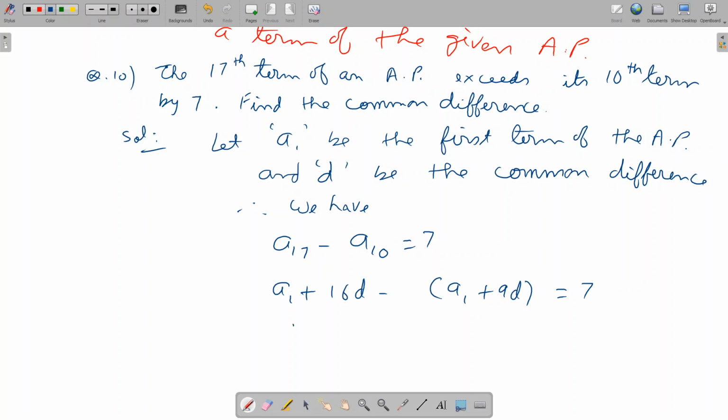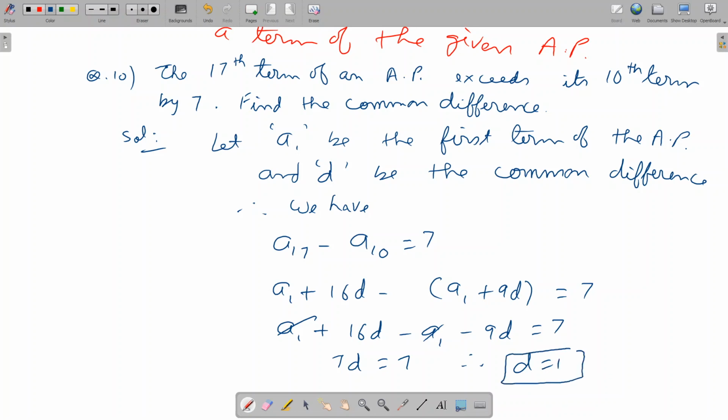Simplifying, A1 plus 16D minus A1 minus 9D equal to 7. A1 and A1 cancel out. 16D minus 9D is 7D, so 7D equal to 7. Therefore, D equal to 1. So the common difference in this case is equal to 1.